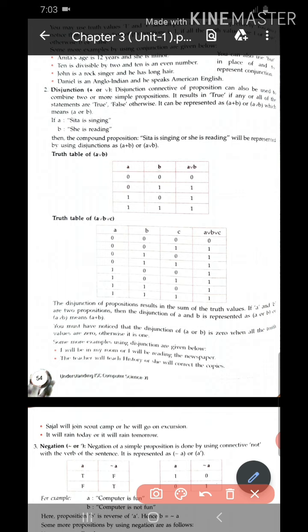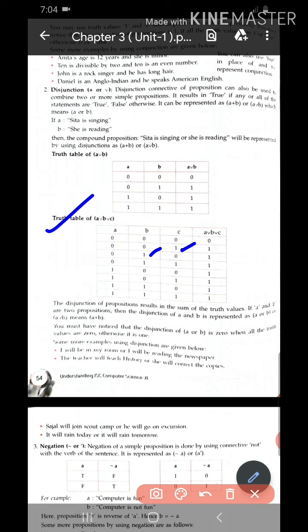In the same way, if we are creating it for three variables, then if any one of the columns has 1, the answer is 1. See, in every row, any of the conditions is true. Leave the first and see the second. In the second, in the C column, we are having 1. In the third, in the B column, we are having 1.